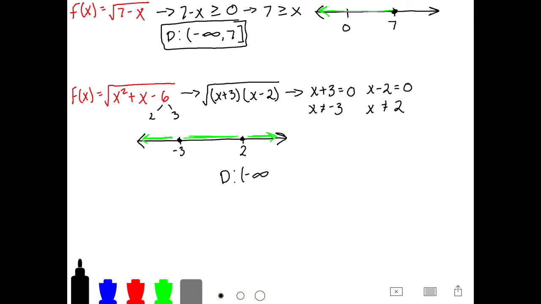So in interval notation, you have negative infinity to negative 3 with the bracket, union 2 to infinity. And that is your answer.